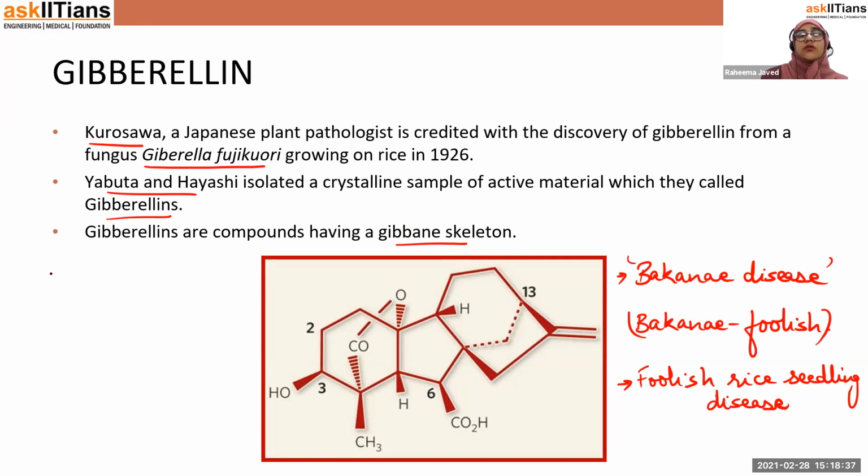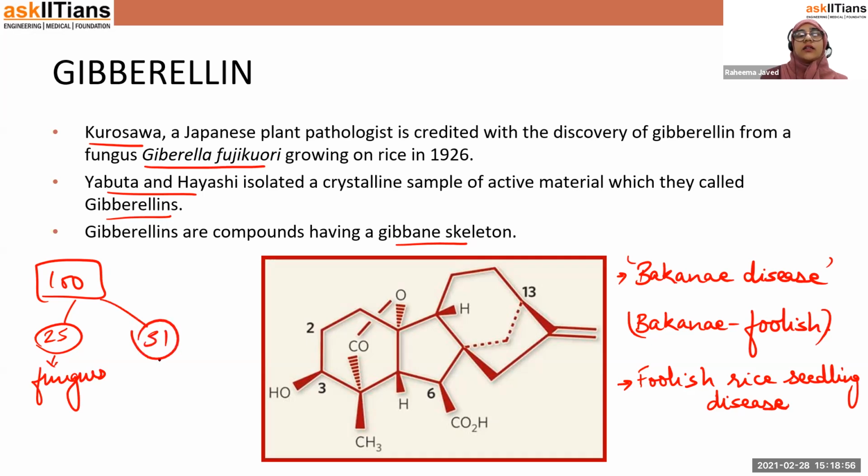More than 100 gibberellins have been discovered. Out of these, 125 have been isolated from this fungus, Gibberella fujikuroi, and 51 have been isolated from the plants.